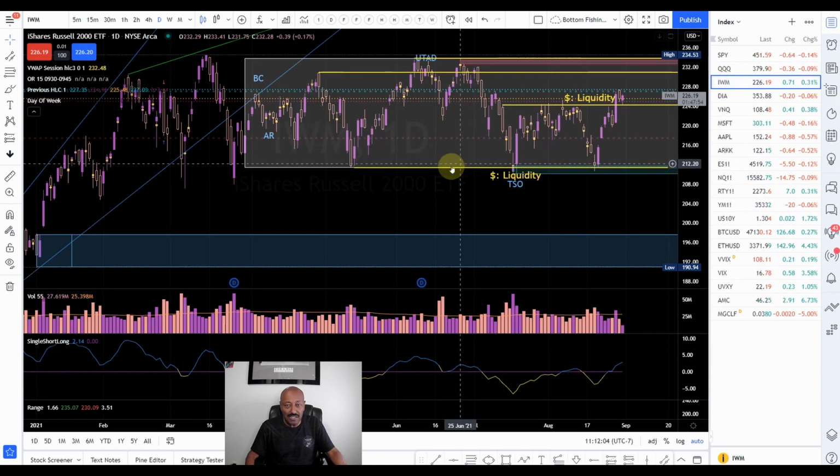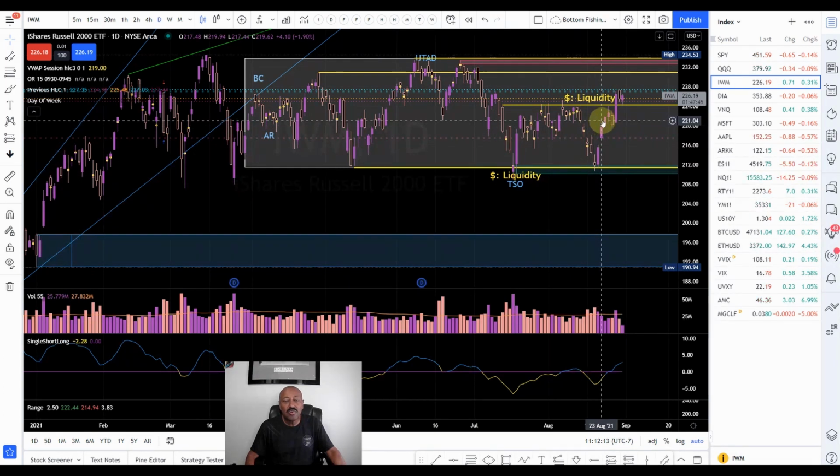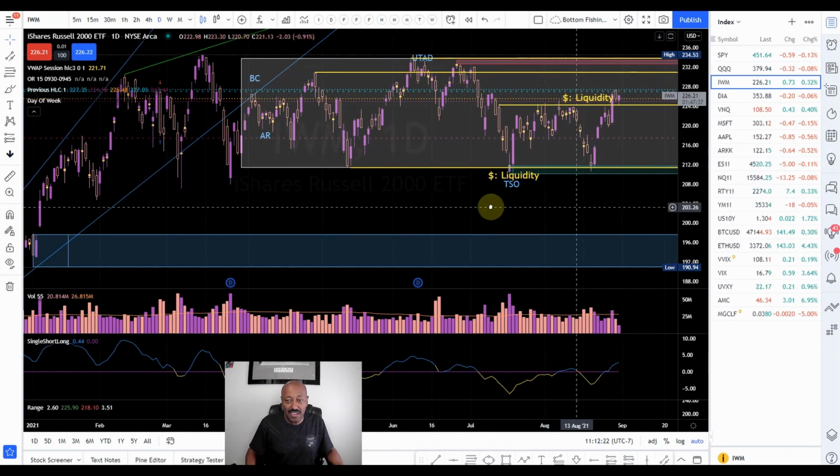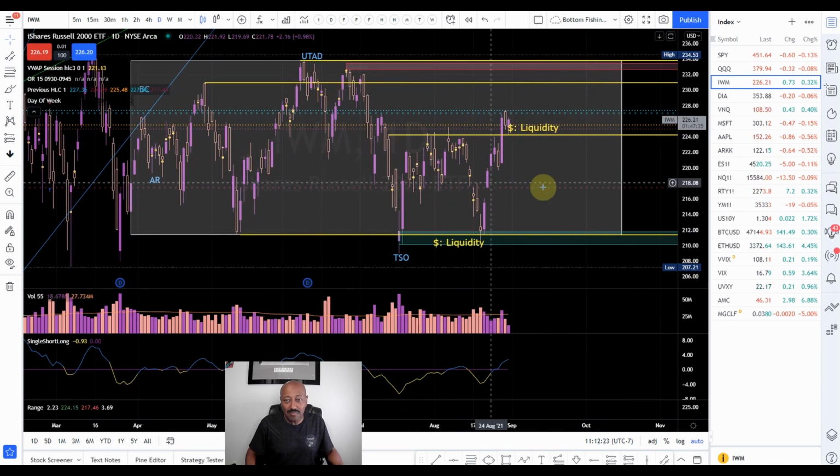IWM, our leading indicator, is still in that consolidation zone. So while IWM is in this consolidation zone, I am in no hurry to say SPY is going to tear it up for another couple of months. No, I'm just going to be cautious and say, hey, what is IWM going to do?